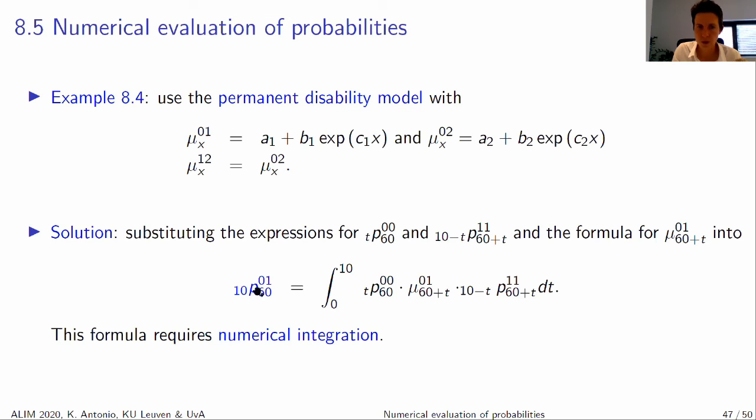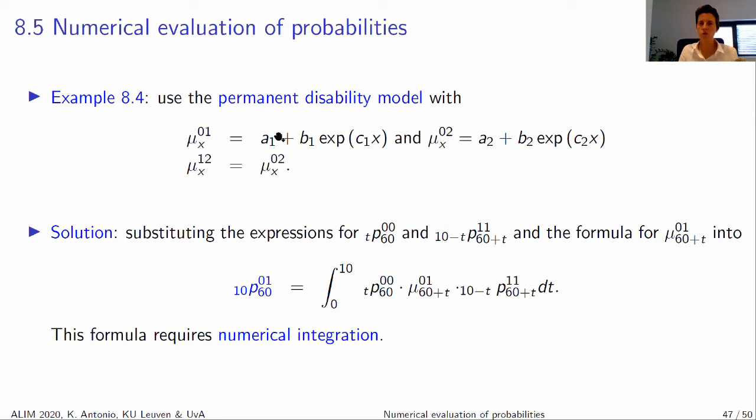So the transition probability still has quite an accessible form because we're still in this permanent disability model, but I can no longer do the calculation with pen and paper because if I combine these three quantities here in the integral, and I'm asked to do the integral, then I say, okay, that's too hard. I need numerical integration techniques for that. Yeah? And we're going to illustrate that later on in the computer tutorial, but that's doable. Okay. Questions on this?